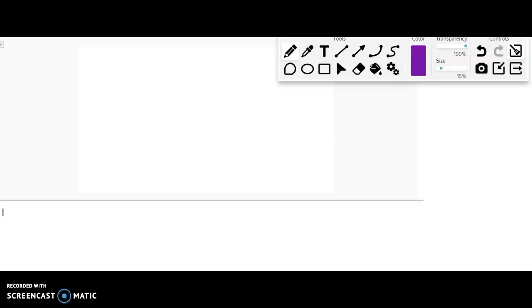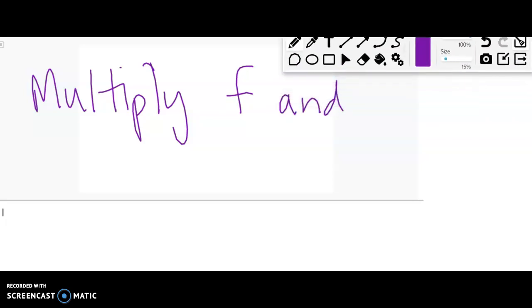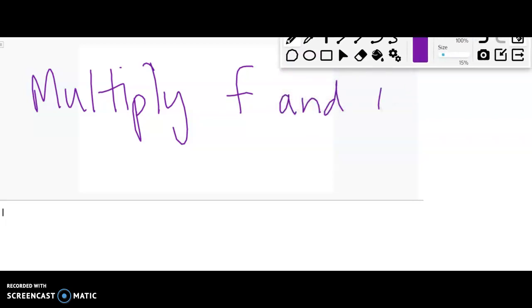We can also have multiplying and dividing. So it might just say multiply f and 6. Oops, sorry, 6. So we could say f times 6.